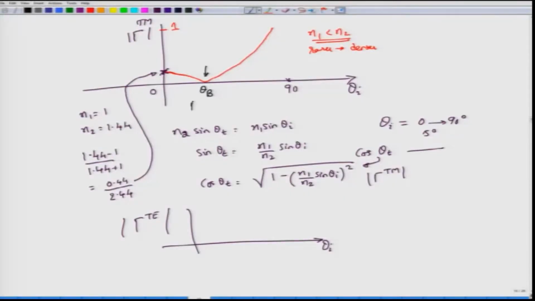The entire wave would be transmitted into the second medium, and no wave would be reflected. This angle theta b is called Brewster's angle, after the person who discovered this phenomenon, and this is an extremely important principle that we use to make a lot of optical devices.